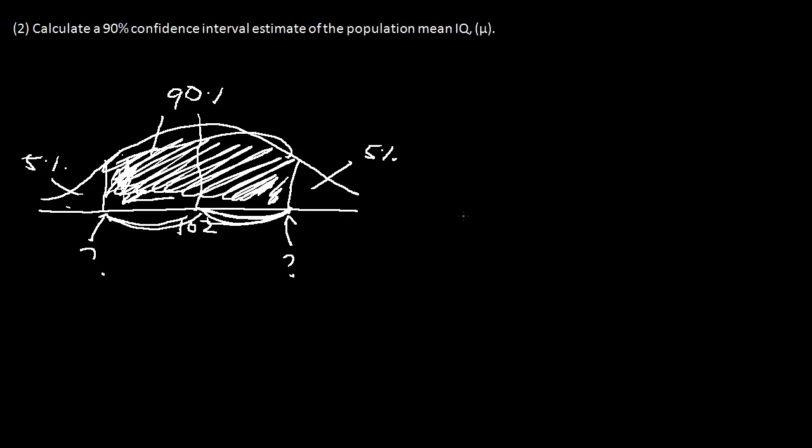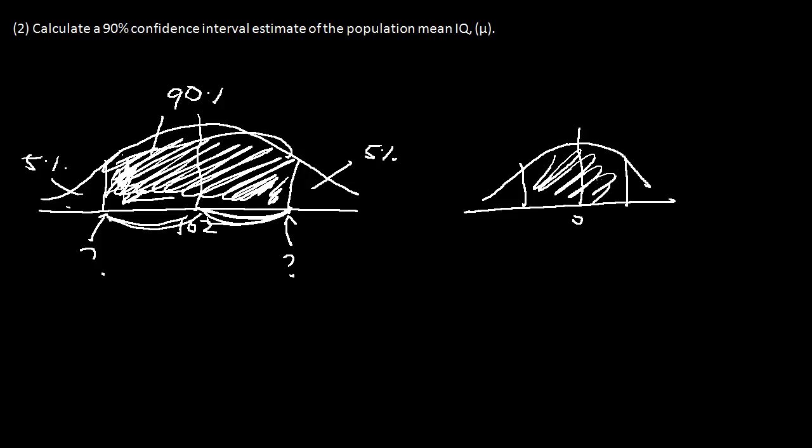Of course we can easily do it if you know basic math, using a t-distribution. This is 90%, and again degrees of freedom is 24 here.